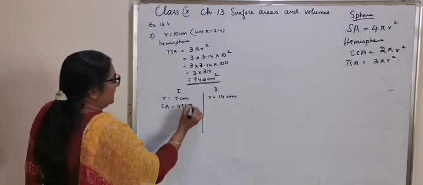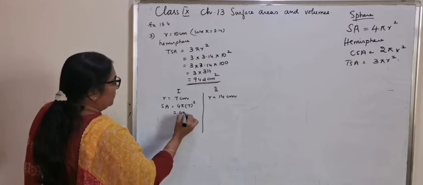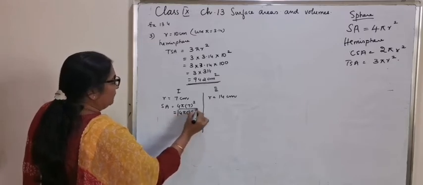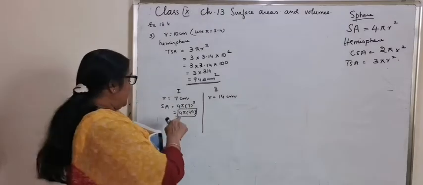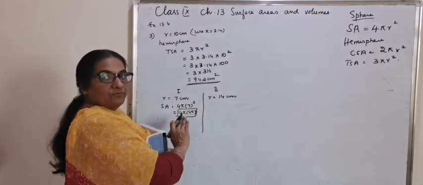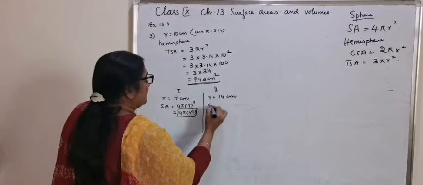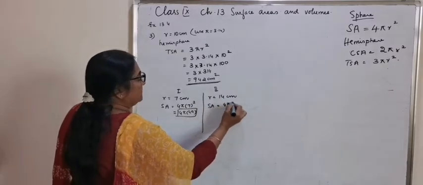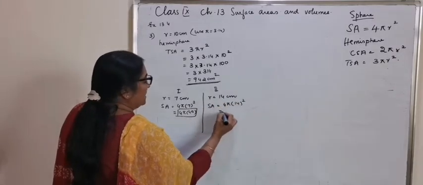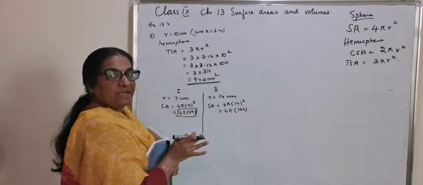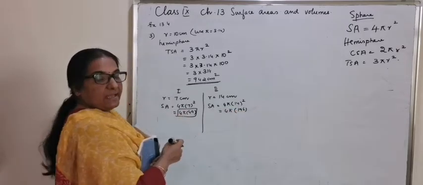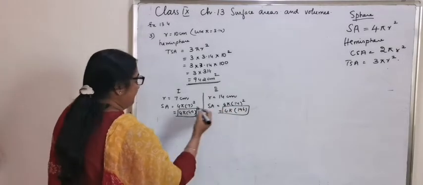It is 4 pi into 7 square, or 4 pi into 49. Since ratio means division, you need not calculate, just leave it as 4 pi. Surface area in this case is 4 pi into 14 square, or 4 pi into 196. Even if you don't multiply, it's fine, it will get simplified later.